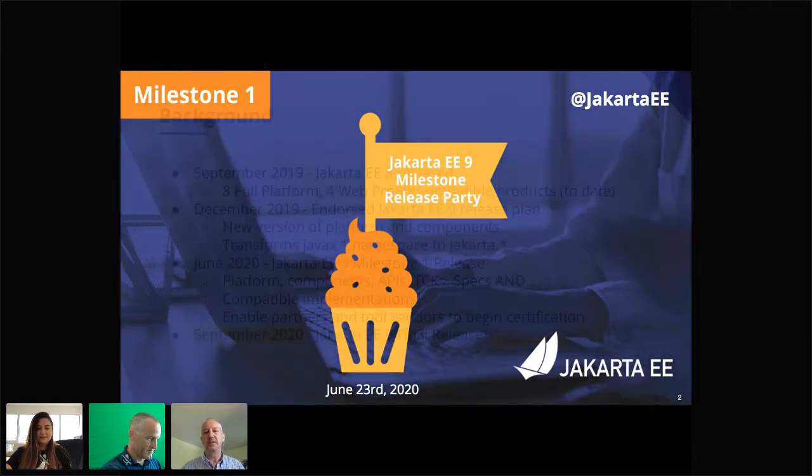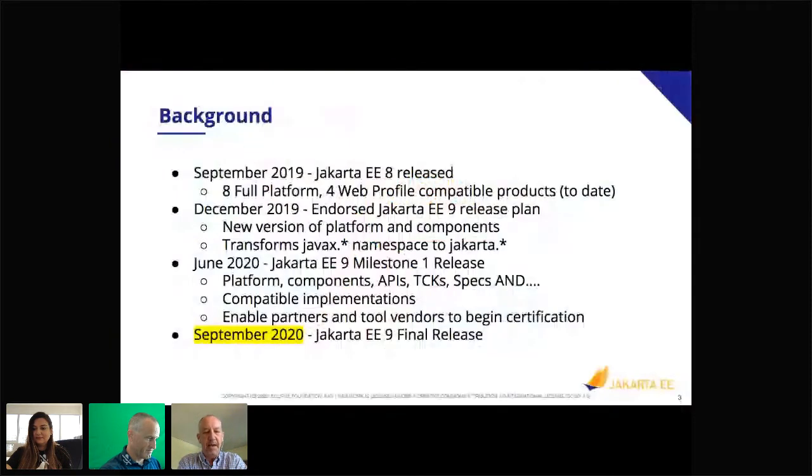So I just want to take us back just a bit for some background on this. Back in September of 2019, we released Jakarta EE8. Jakarta EE8 was essentially a release under the Jakarta EE specification process of the Java EE8 specification.